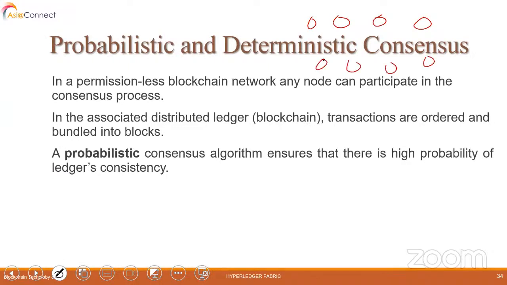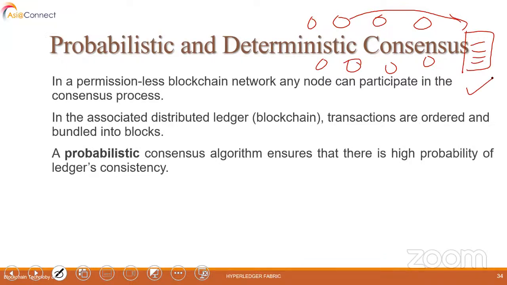These are nodes, and in a consensus mechanism, suppose this person has proposed a block of transactions, right? Now, ideally, all others, or at least a majority of the nodes, should be giving consensus that, okay, we validate that this block can be added.